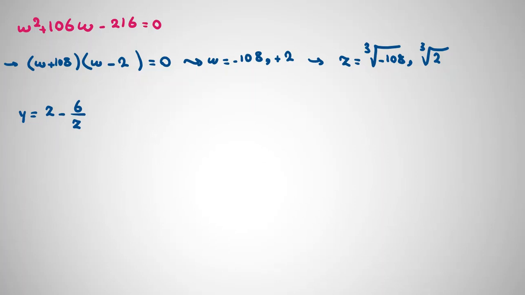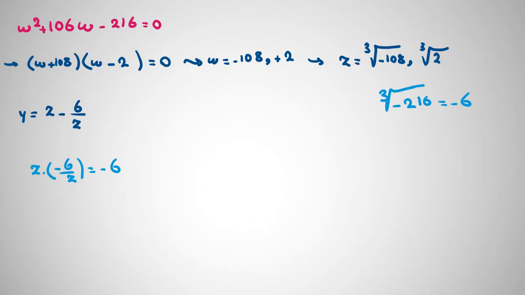How can we understand that? Here it is Z, and the next part is negative 6 over Z. The product is Z times negative 6 over Z, which is negative 6. If we consider the product of these two terms, it is the cube root of negative 216, and the cube root of 216 is 6, so negative 6.